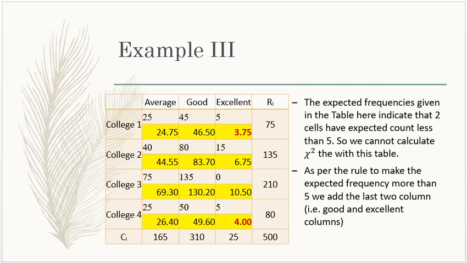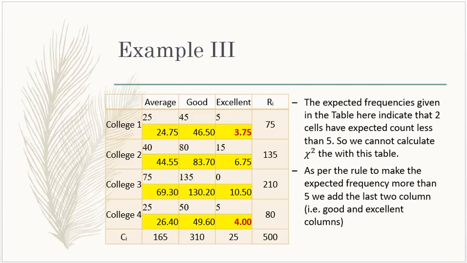So for this column, the theoretical frequency corresponding to the last cell in the first row is 3.75. And similarly the theoretical frequency corresponding to the last cell of the last column is also less than 4. So this represents that it has a theoretical frequency less than 4.